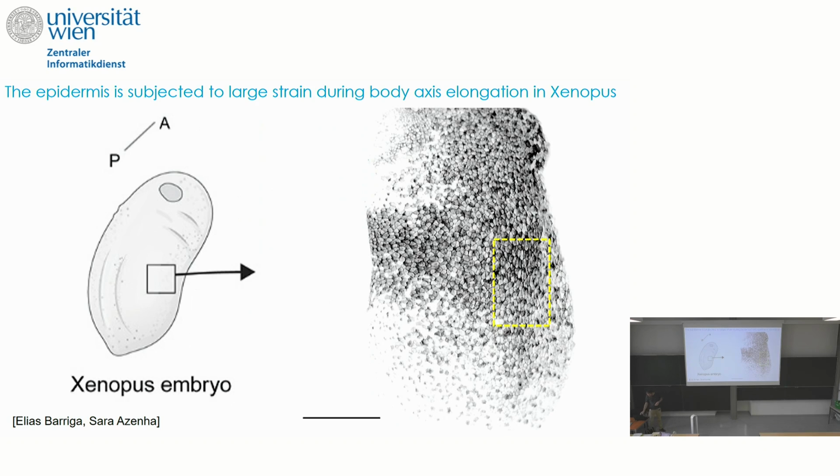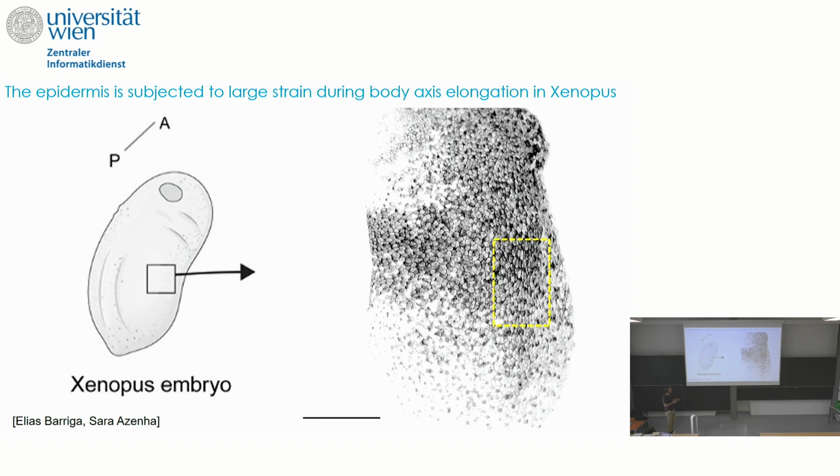So that was nice, but this is all in vitro using a cell line that's been cultured in the lab for 50 years or so. So you might ask, okay, why is it really relevant to what happens in vivo? So we, with Elias Barriga and Sara Azenia, carried out some experiments in developing embryos.